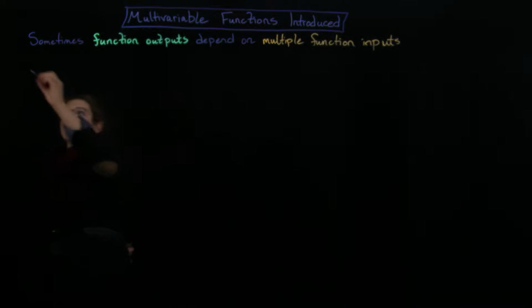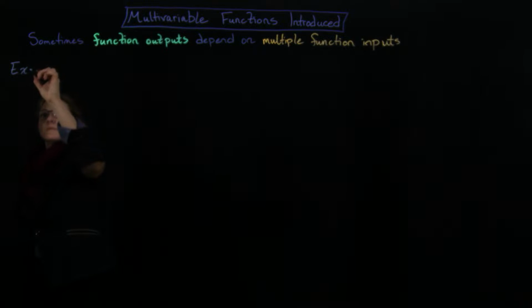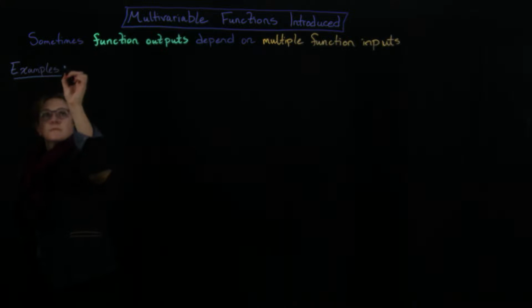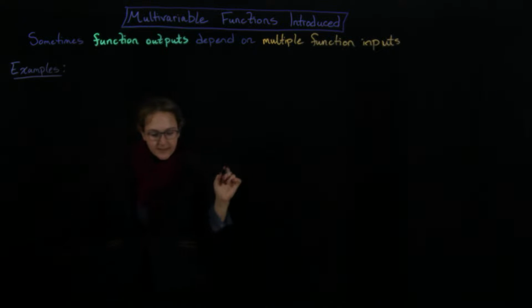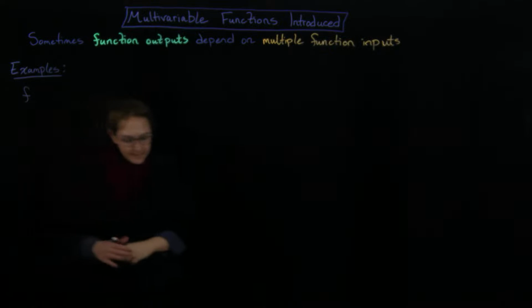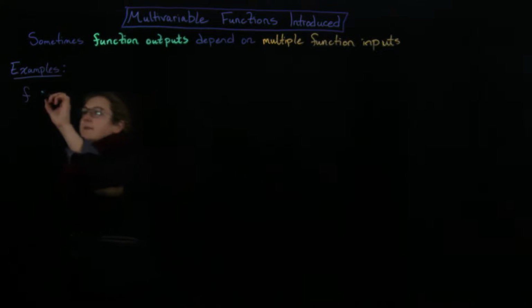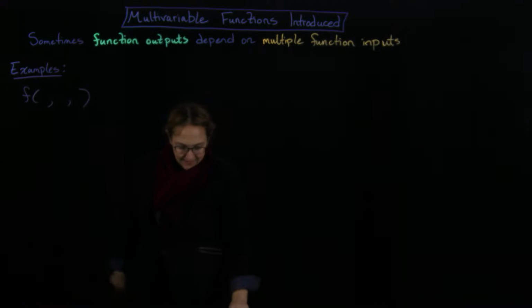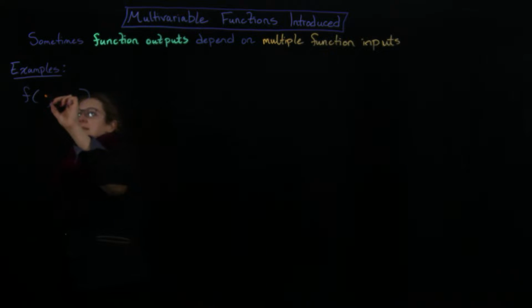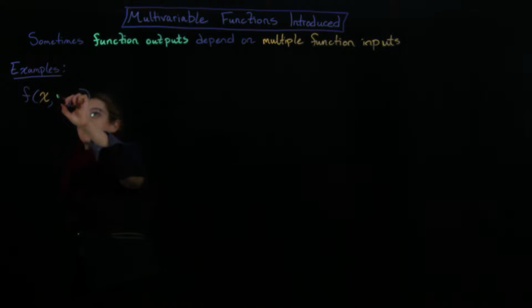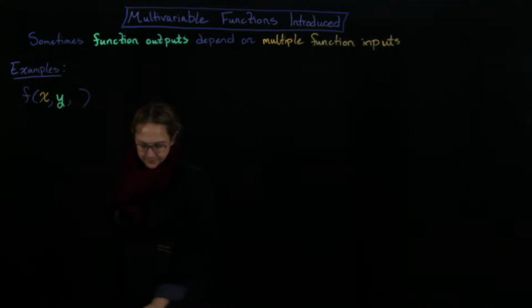So examples. Let's say I have a function f of, and then inside the function I'm going to have three inputs, so we're going to call them x, y, and z, and I'll use different colors for them.